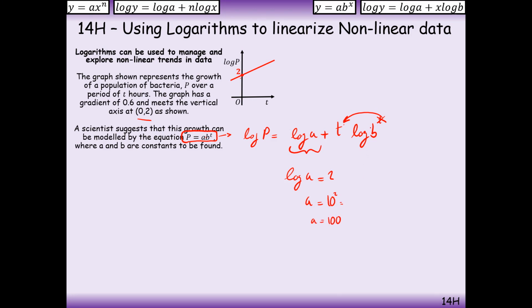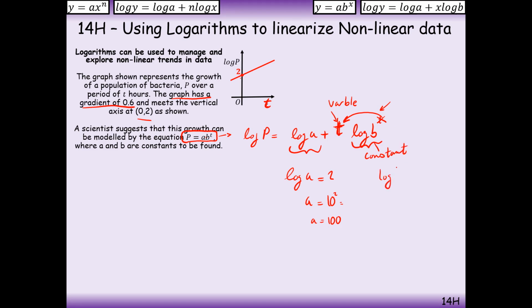And then yes, the question also told us that the gradient is 0.6. Therefore t here is the variable. t is not changed, so the variable is t, and that leaves us with a constant here, which is our gradient.